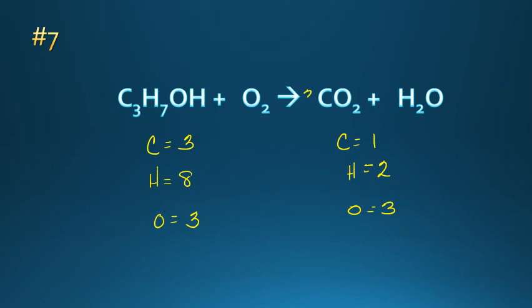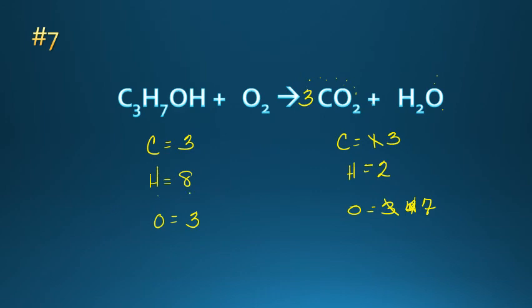I need to put 3 here to give me 3 carbons, and that's 6 plus 1 more. Let's do it again. 3 times 2 is 6 plus 1 more. That's 7. All right, now for the hydrogens.